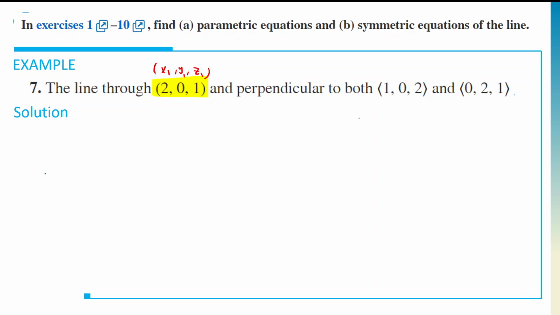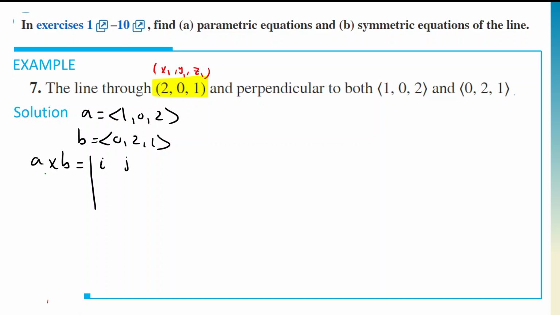Now I need to find their cross product to have a parallel vector. So I need the first vector, let's say that A is equal to the first one, and B is the second one, (0, 2, 1). I need their cross product to act as our parallel vector. Remember, how do we find the cross product?